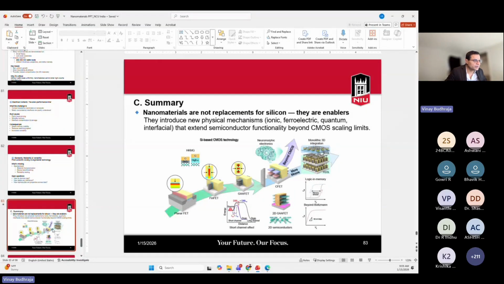This graph shows the technology evolved from the planar FET to CFET. But when the demand comes in the future, at that time you have to integrate the nanomaterials along with the silicon, because silicon has the stability, but the shrinkage is challenging with silicon, and with the nanomaterials it's not an issue.